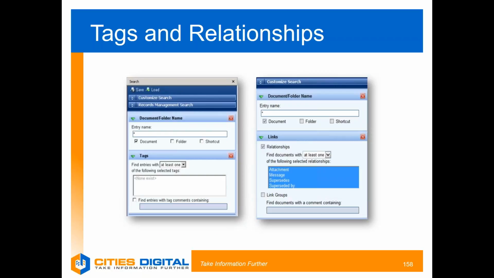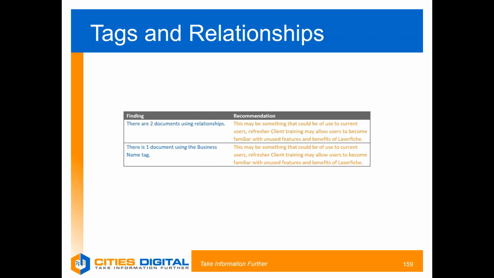So this is the search for finding tags and relationships. And these are the results from our system audit. I think, though, that generally speaking, the most useful case for tags is for security tags. When you need to quickly lock something down, you can add a special tag to it. That's probably the most commonly seen use case that I have now.